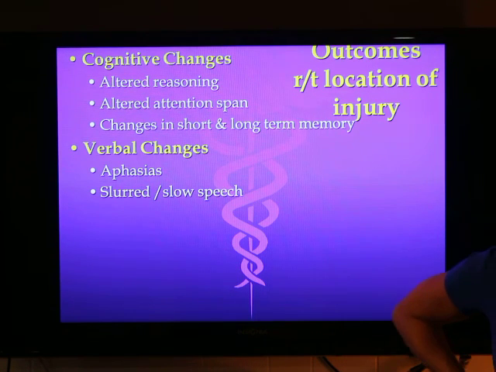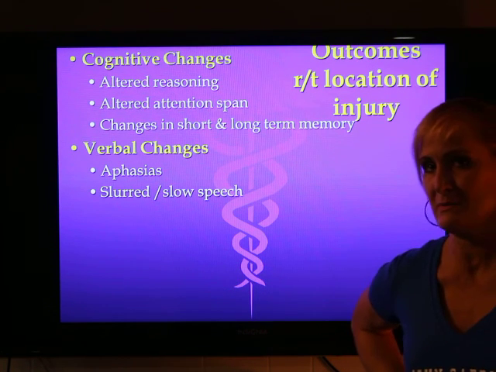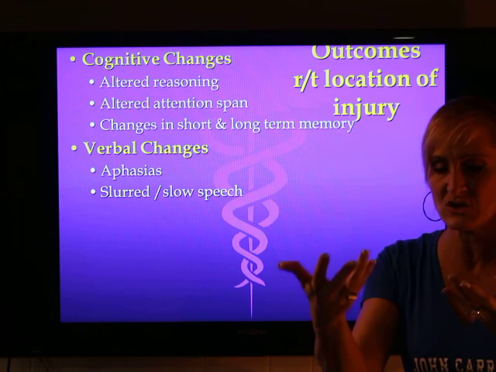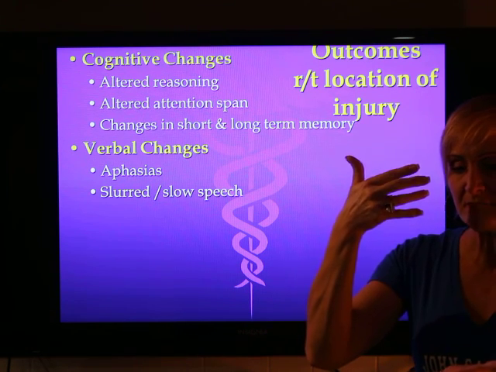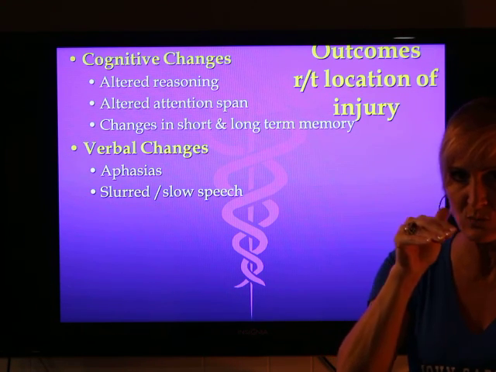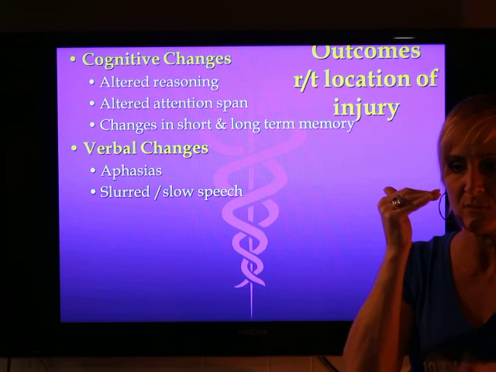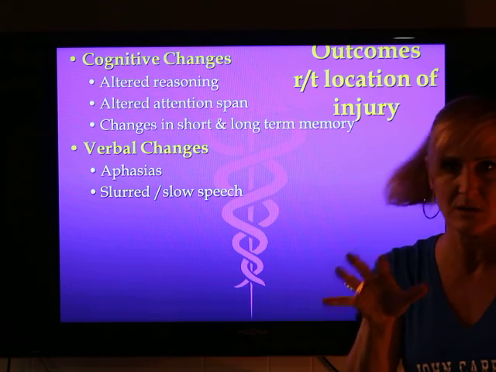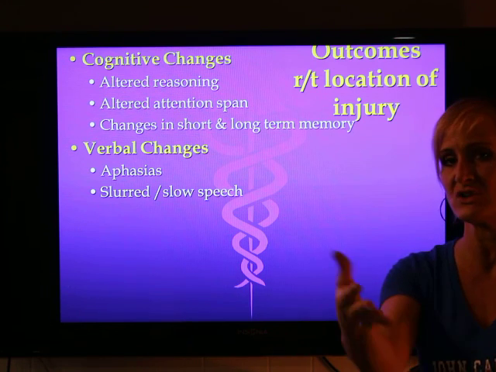They could have verbal changes. This is very common in your patients who have had stroke. They can have expressive aphasia, meaning they're understanding what is being said to them, but when they're trying to talk back, it's coming out all garbled up. That's called expressive aphasia.